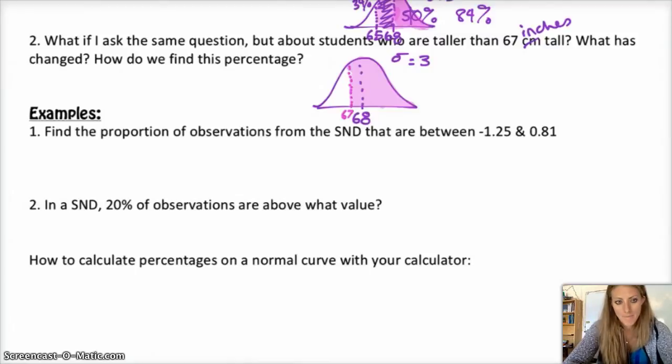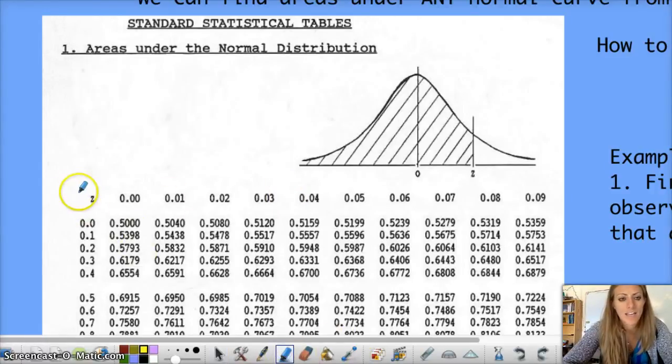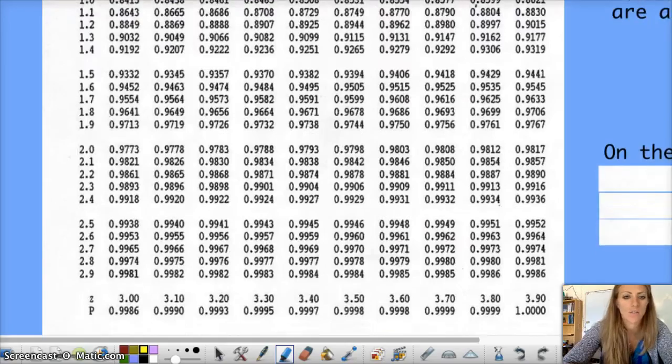Look at table A. Here's basically the same thing that you have. Up here, notice that there's a Z. That Z means this is the row and the column of z-scores.